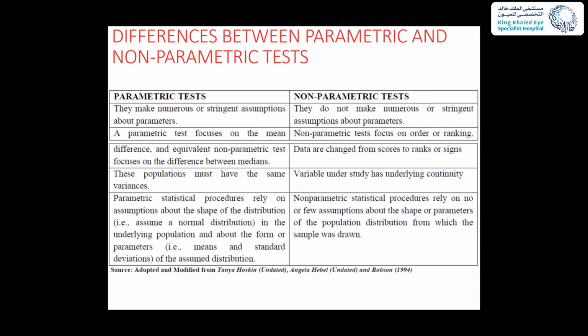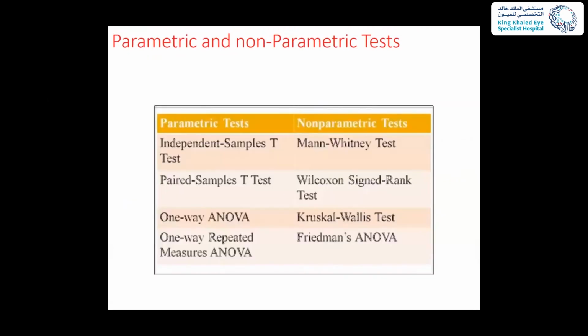Parametric tests make numerous stringent assumptions about the parameters, and focus more on the mean, whereas non-parametric tests focus more on order or ranking. So keep in mind, you have to really identify whether your variables are parametric or not. If your variables are parametric, these are the 5 main parametric tests you use to analyze your data.